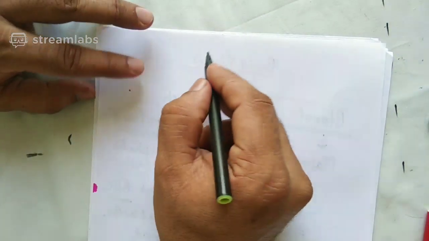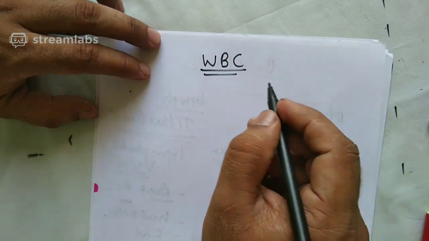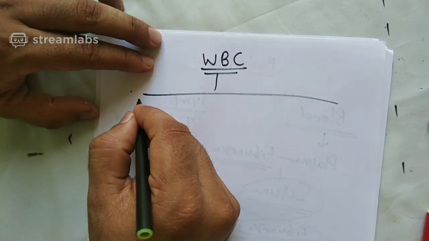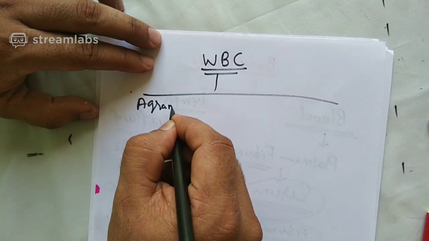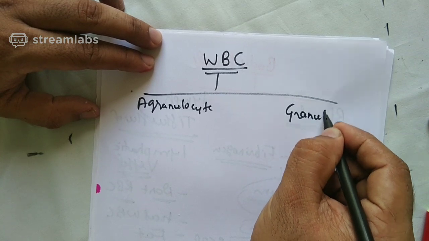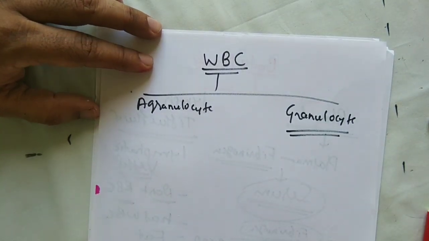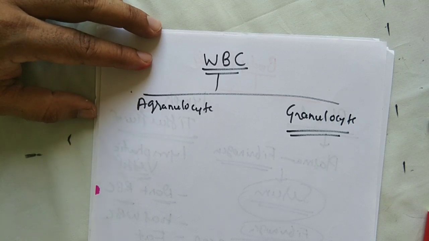Next comes the WBC, white blood corpuscles, also called white blood cells. They are divided into 2 types, friends. One is called agranulocytes, and the second is called granulocytes. And whichever has granules in cytoplasm is called granulocytes, and which don't have granules is called agranulocytes.